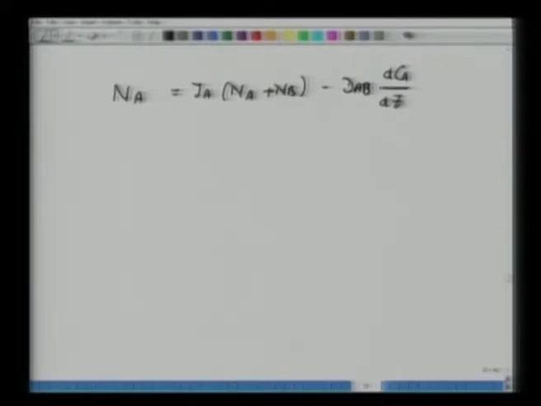Since it's a gaseous mixture, it's not a bad idea to convert this CA into partial pressure, PA by RT, and we can also write this as a mole fraction, yA times total pressure over RT.